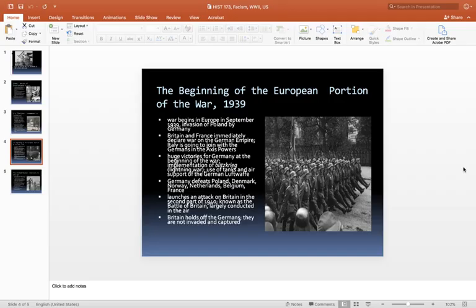Germany is able to win tremendous battles and tremendous engagements relatively quickly. And so Germany, in this period between September 1939 and June of 1940, a 7, 8, 9 month period, defeats Poland, Denmark, Norway, the Netherlands, Belgium, and then eventually France.